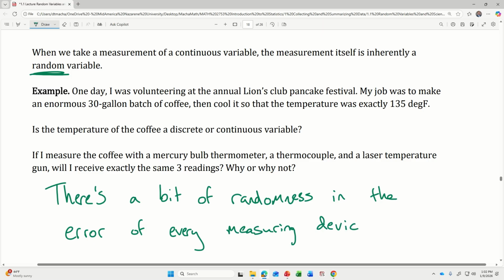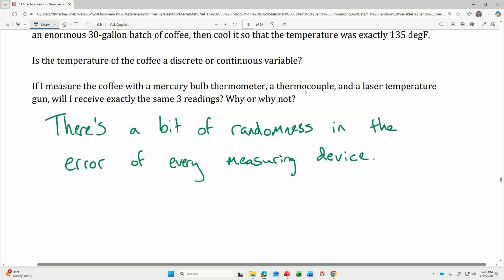So that no measuring device will ever give you exactly, accurately the value you're trying to measure, if it happens to be a continuous variable that you're trying to measure. They're all going to have a little bit of error. And so you won't ever get the same measurement more than once.